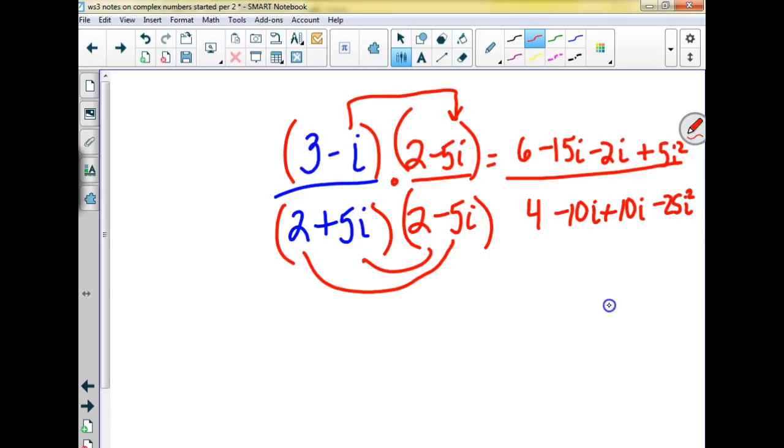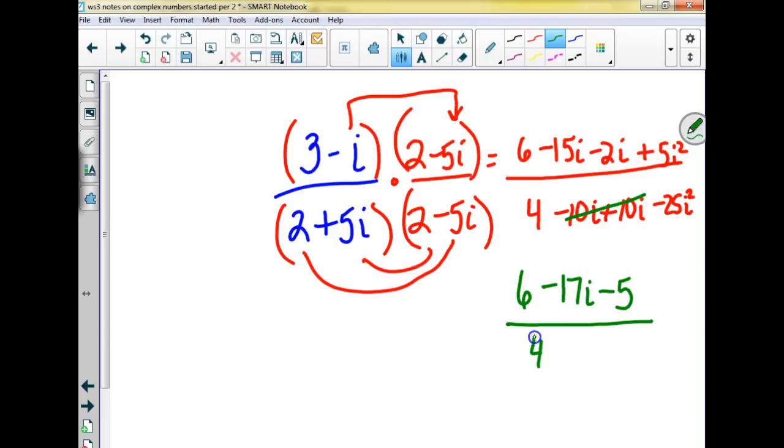okay. Now, some of you start scribbling things out and it gets to be a mess, right? And you make a mistake. So if you wanted to rewrite the top, you have a 6. You could combine those two and get a minus 17i. What is positive 5i squared going to become? A negative 5. What happens down here?